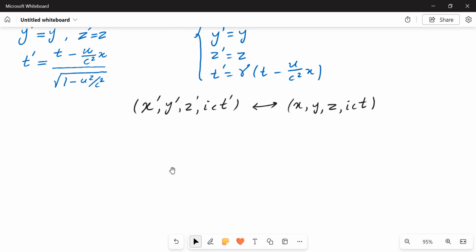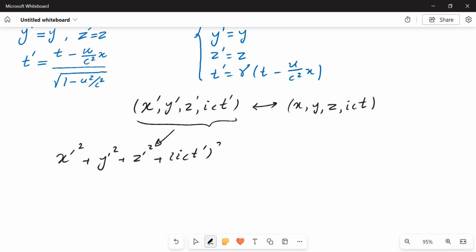So in this case, the length or the norm of the 4 vector given by the system S prime would be the square root of x prime squared plus y prime squared plus z prime squared plus (i c t prime) squared.